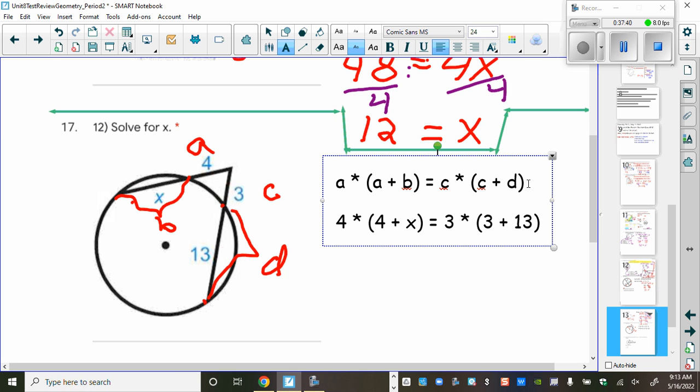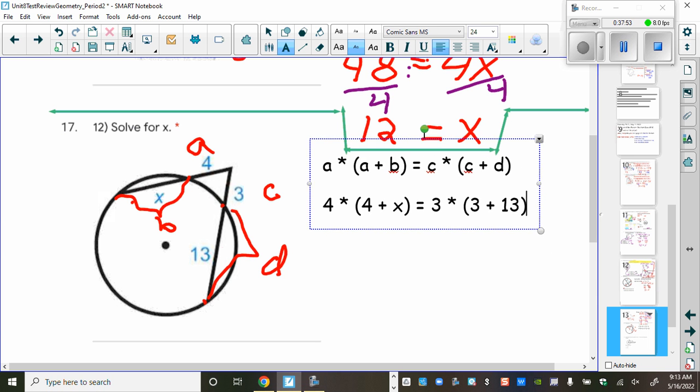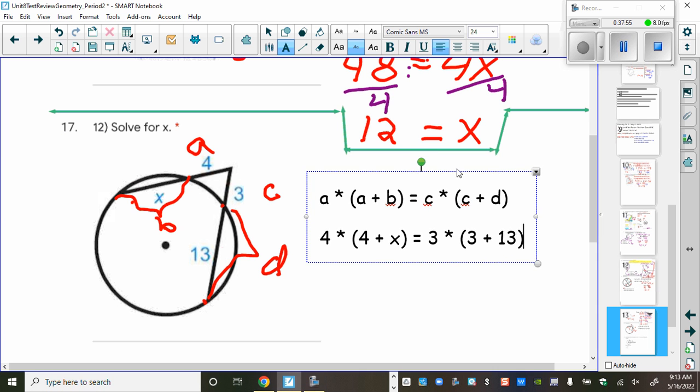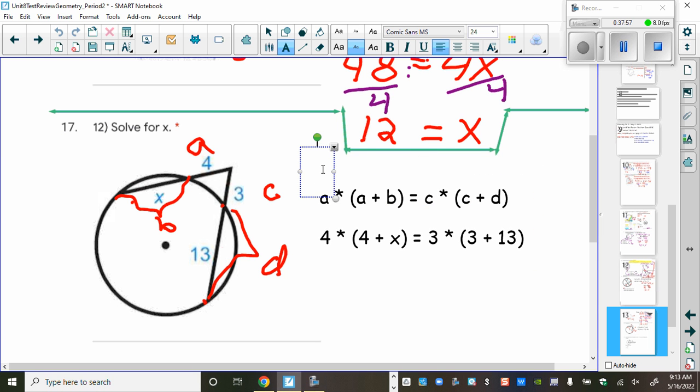So that's going to be our setup for this problem. All right, so I'll give everybody a moment to look at it. So that's our setup.